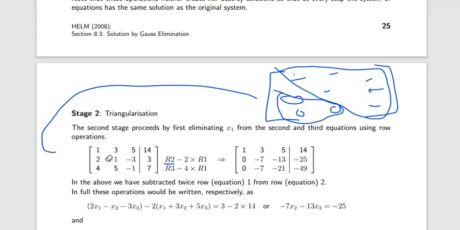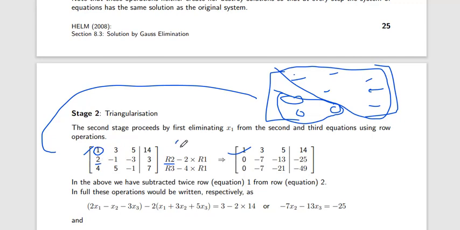So here the first row remains the same, because the operation was done in the second row, not in the first row. First row remains the same.